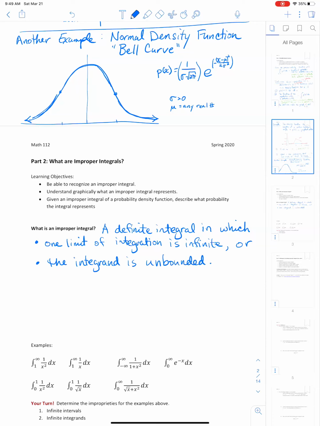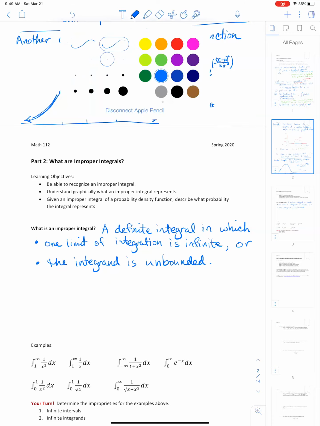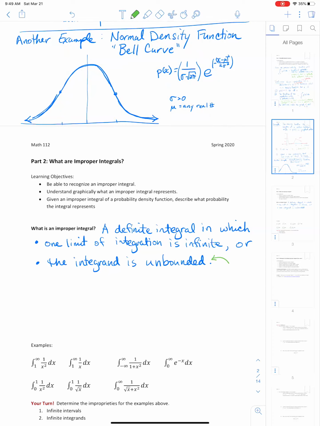Okay, and here I'll just comment for this second type of improper integral, the thing to look for are asymptotes. Let me actually just make that more precise. Look for vertical asymptotes.